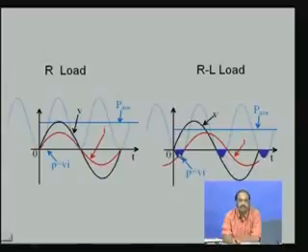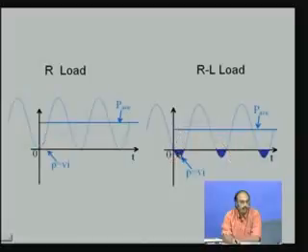That being negative means that it goes back to the mains. Now, these two powers, the instantaneous power with its finite average for the R load, along with the RL load's instantaneous power and its average, we have to compare and arrive at a quantitative value of power factor.